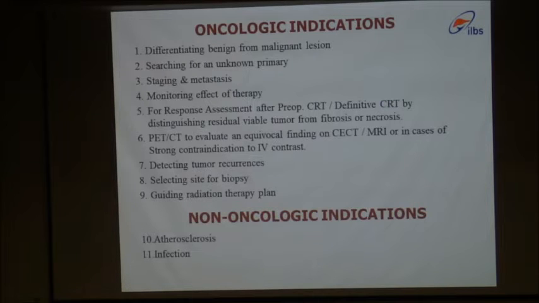PET-CT is also used to evaluate any equivocal finding on CECT or MRI, in cases of strong contraindication to IV contrast, detecting tumor recurrence, selecting the site of biopsy, and guiding the radiation therapy plan.